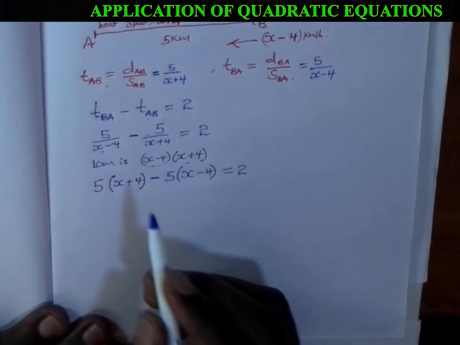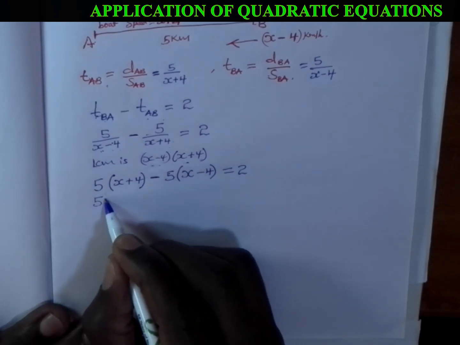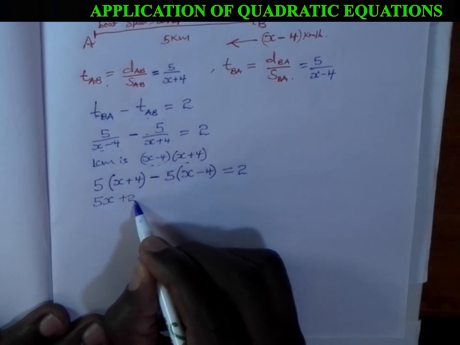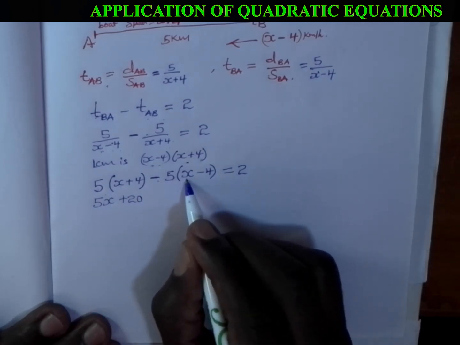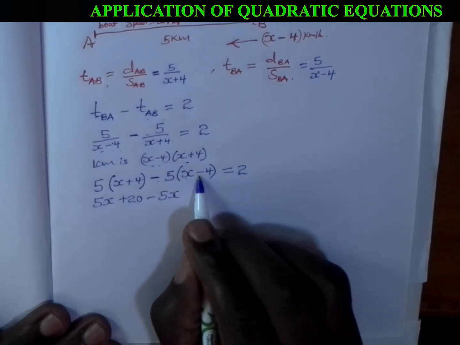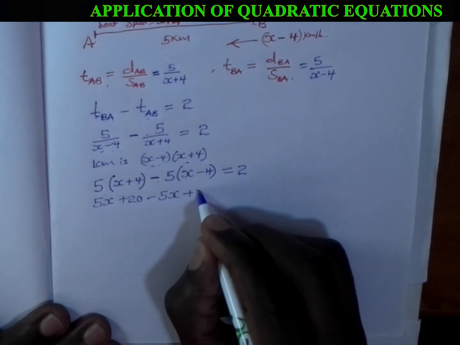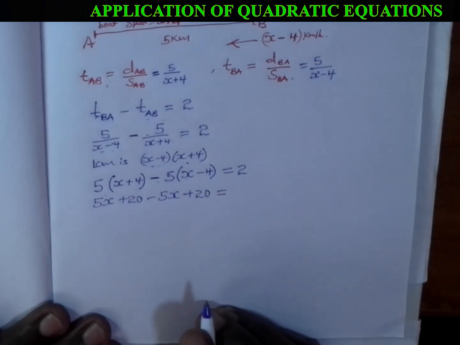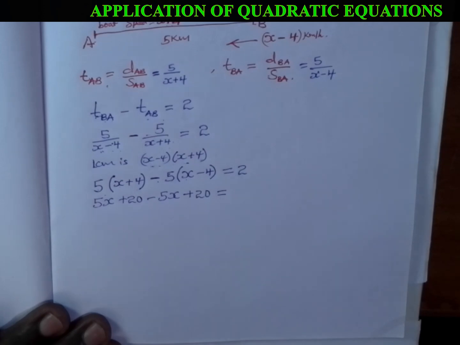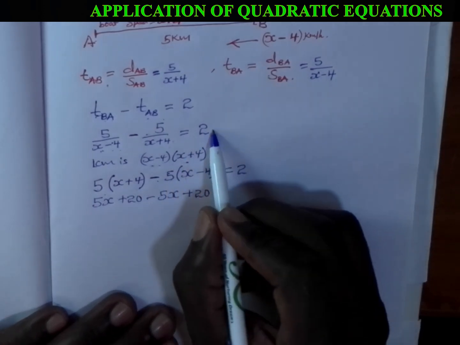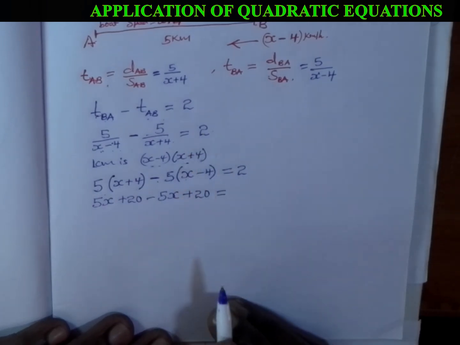Open the bracket, 5 times x, that is 5x. 5 times 4, plus 20, minus 5 times x, that is minus 5x, minus 5 times minus 4, that is plus 20, is equal to, the same case we multiply the right hand side.